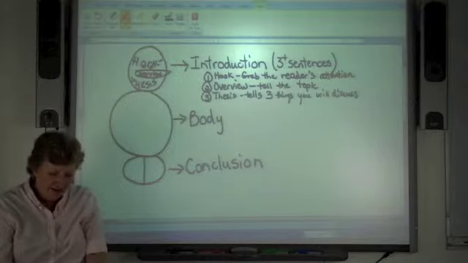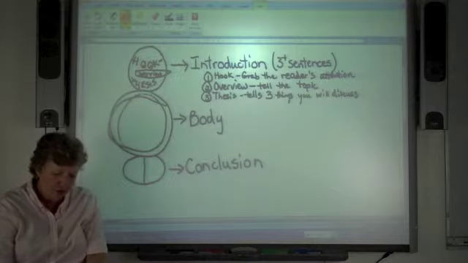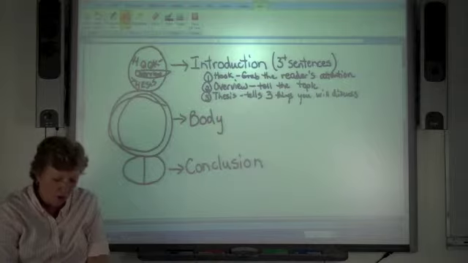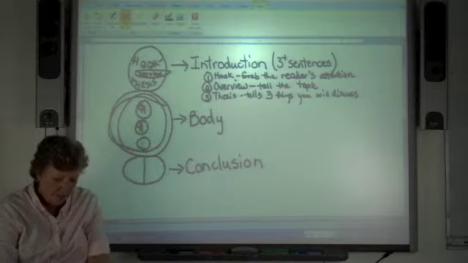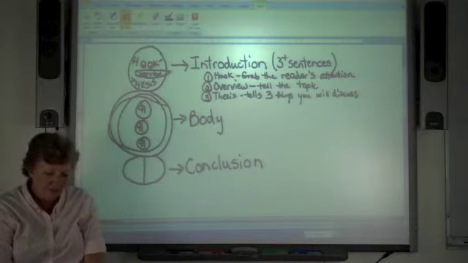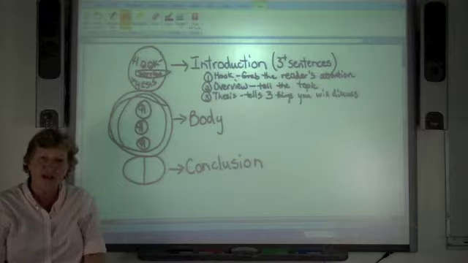The body sometimes is just one giant paragraph. But sometimes as you get older, it will always be 3 separate paragraphs. I'm going to make buttons down the snowman's suit and put the paragraph symbol inside. Each one of these paragraphs will talk about one of the 3 things you mentioned in the thesis.